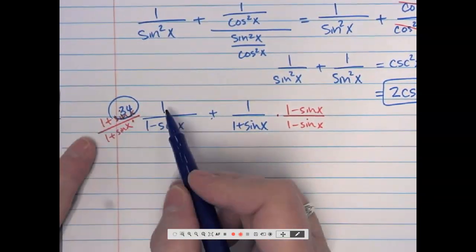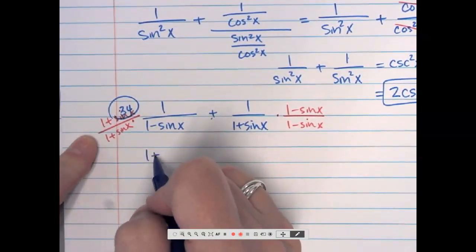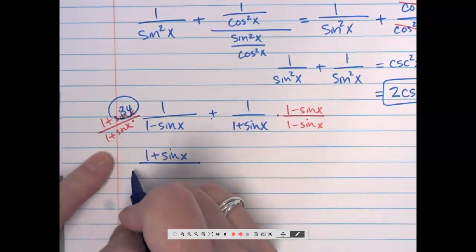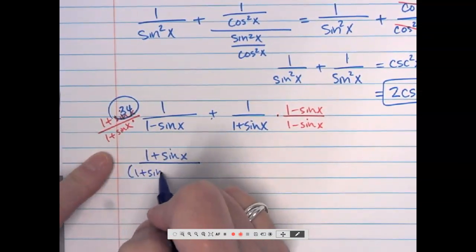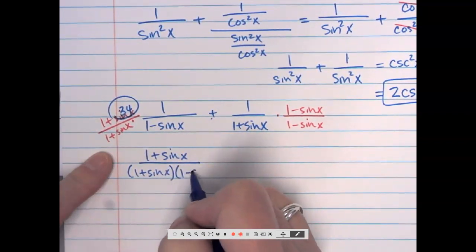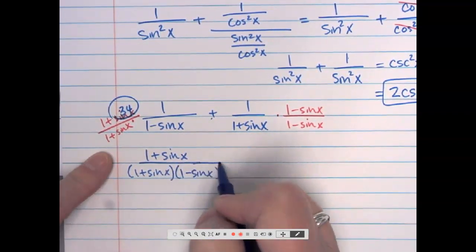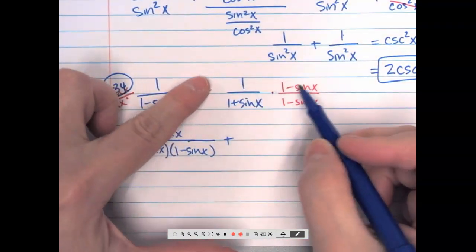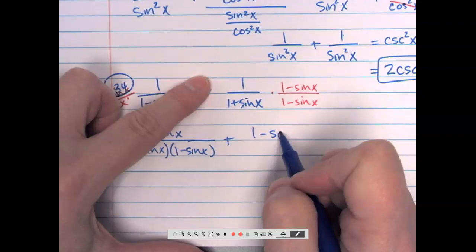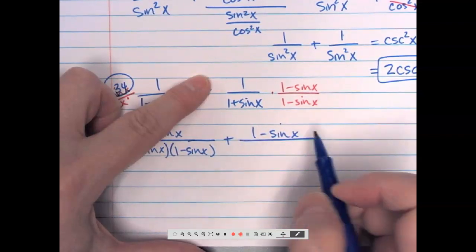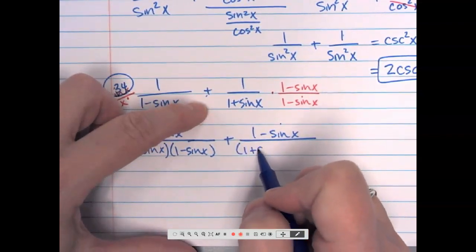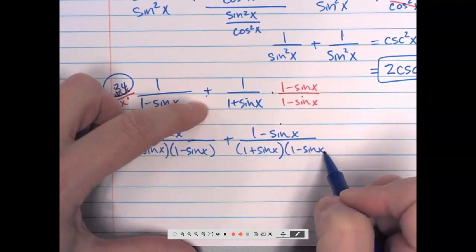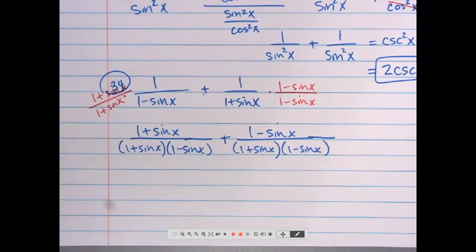Okay, so 1 plus sine x times 1 is 1 plus sine x, over 1 plus sine, 1 minus sine, plus 1 times 1 minus sine is 1 minus sine, over 1 plus sine, 1 minus sine. Woo!